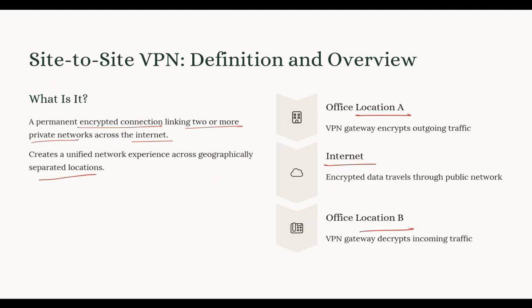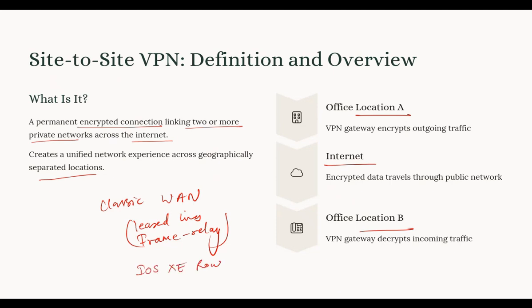Now, site-to-site VPN is an extension of the classic WAN, if you know classic WAN, which was leased lines or Frame Relay connections. Site-to-site VPN connects the branch offices to headquarters. There is no client software required.